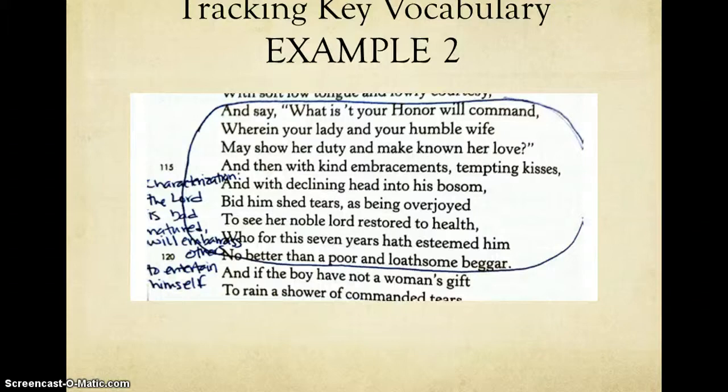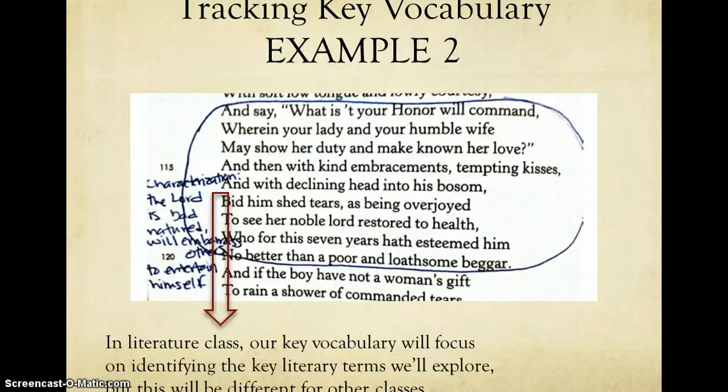So while characterization does not actually appear in this section that I've circled, what the Lord is saying leads me to characterize him. And so the purpose of the word came up, which leads to my annotation, right? So in literature class, our key vocabulary will focus on identifying the key literary terms we'll explore, but keep in mind that this is going to be different for other classes.